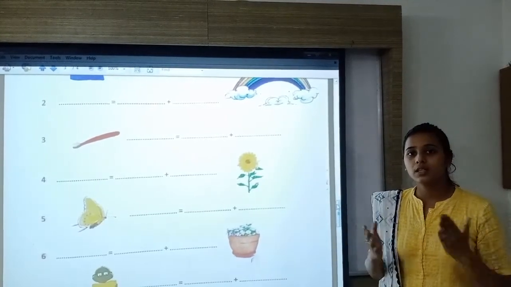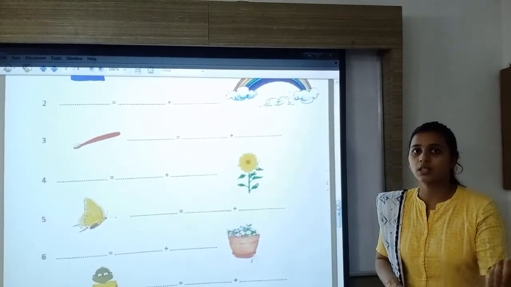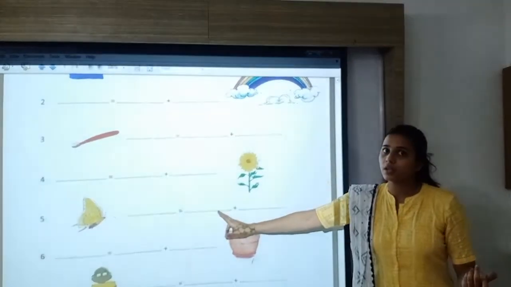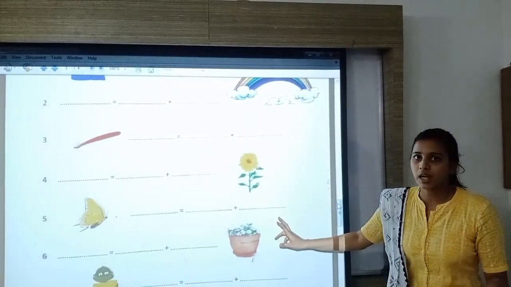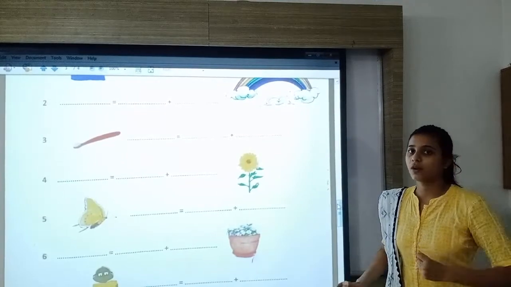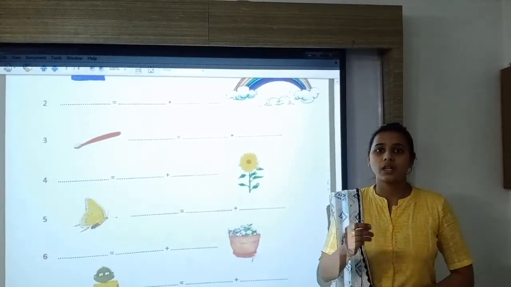So two words with two different meanings. When we join these words, a new word is formed, that is known as compound word. So when we join the edible word butter and the insect fly, a new word is formed, that is butterfly, which has new meaning, that is a kind of insect.